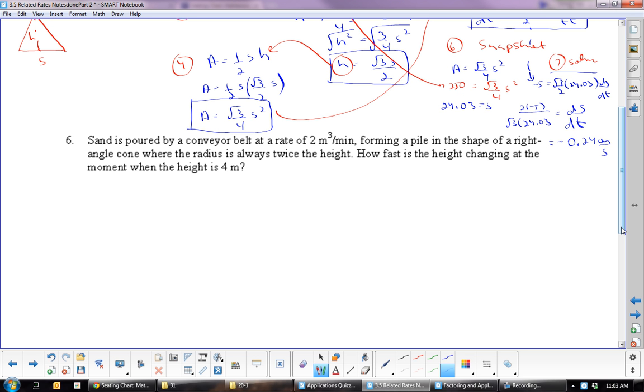Okay, so we would say the sides are decreasing by 0.24 centimeters per second. I guess we could say when area equals 250 centimeters squared.